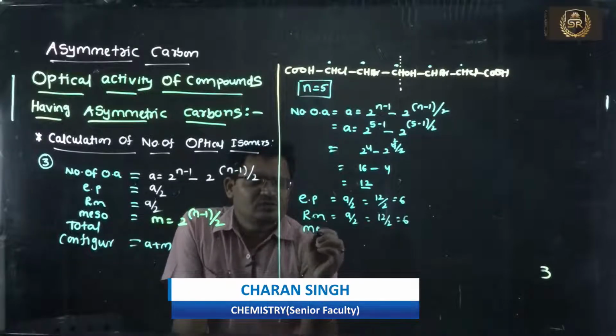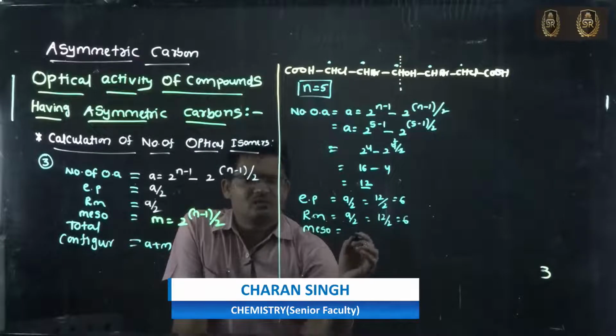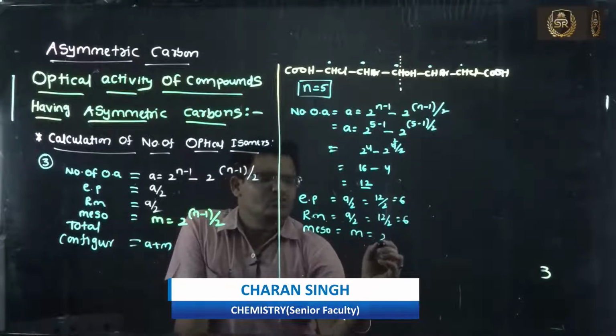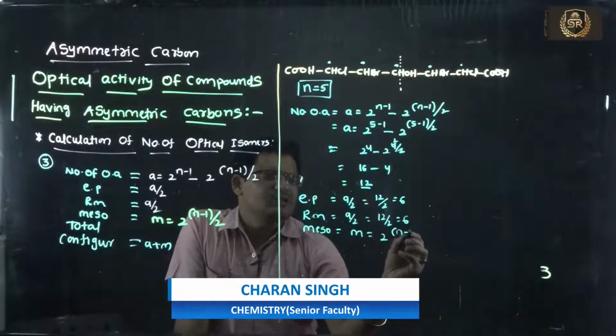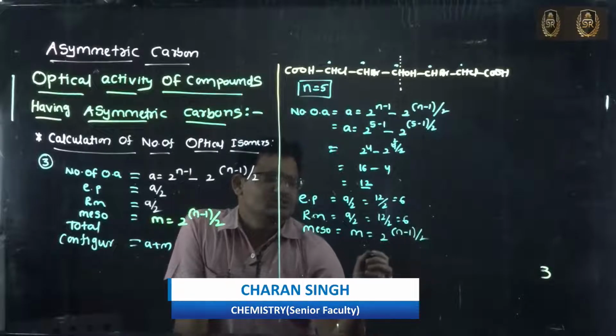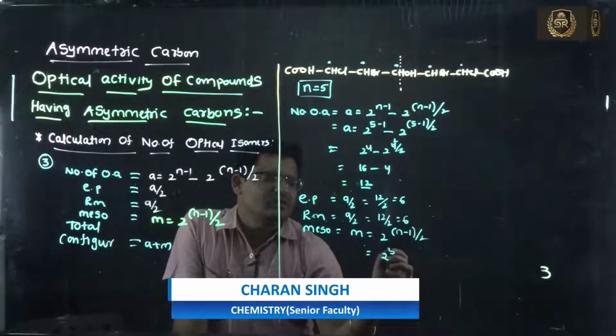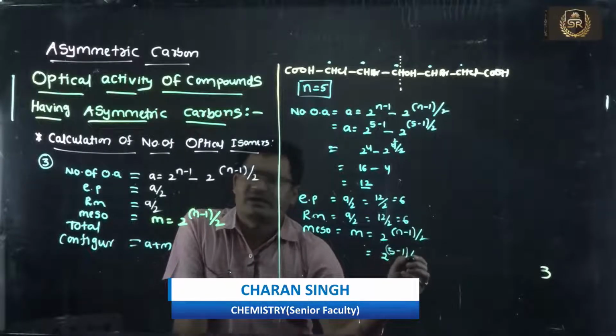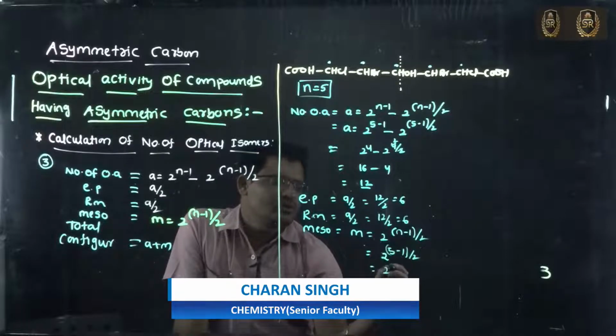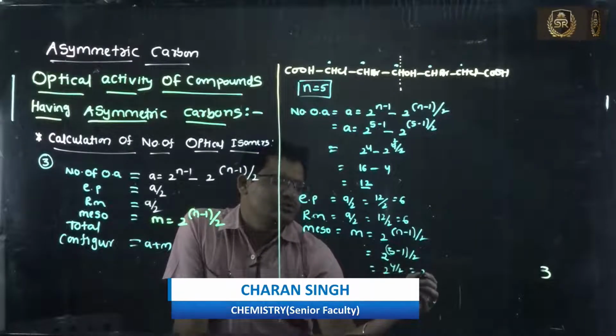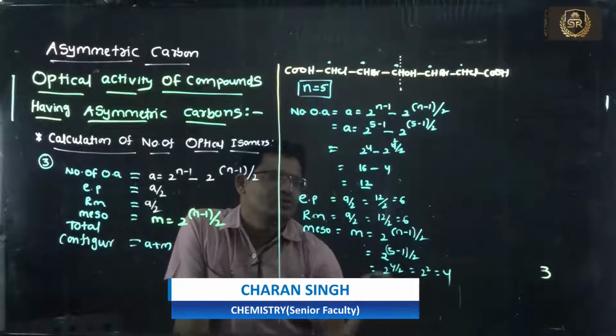Next one, meso form. What is the meso form? M equal to 2 power n minus 1 by 2, that equals 2 power 5 minus 1 by 2. So 2 power 4 by 2 equal to 2 power 2, nothing but 4.